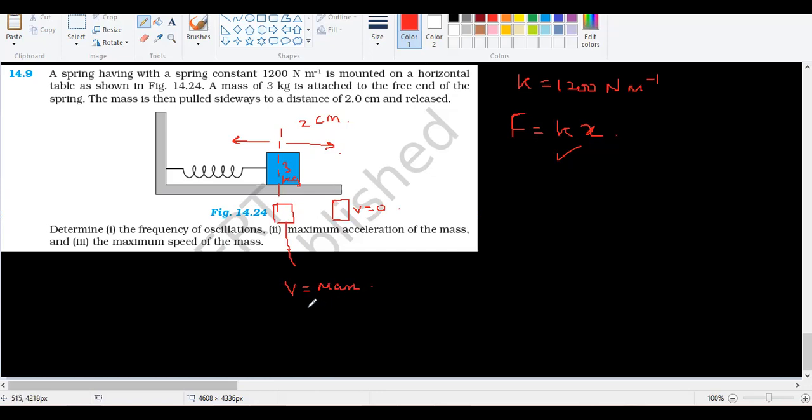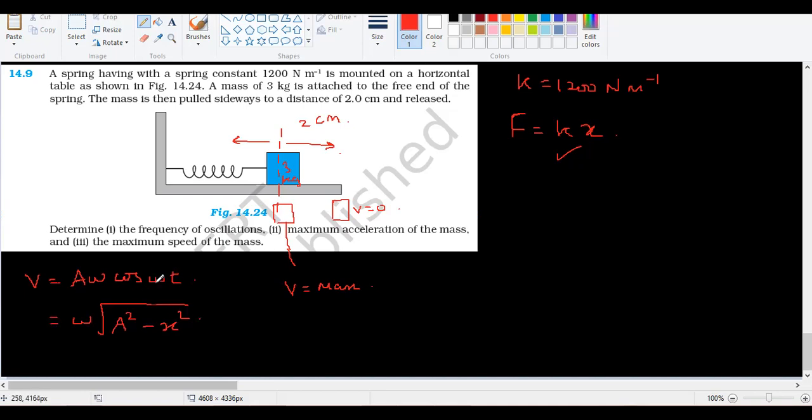Velocity maximum, we said something like, if you go back and do the formulas, right? Check the formulas. We said V is equal to A omega cos omega t. Then we did a derivation where omega was kept outside. Then we derived it as square root of a square minus x square.